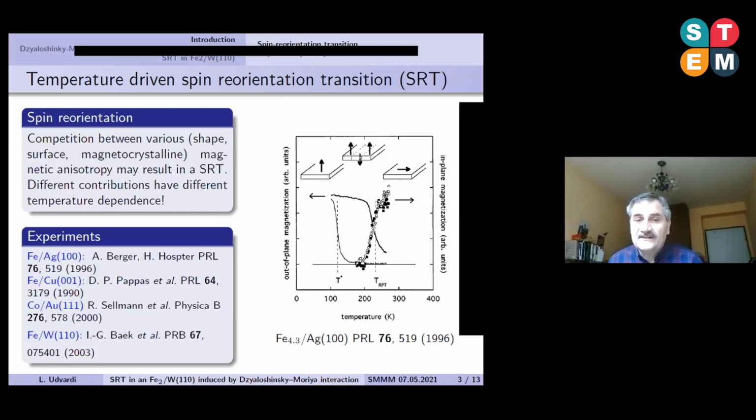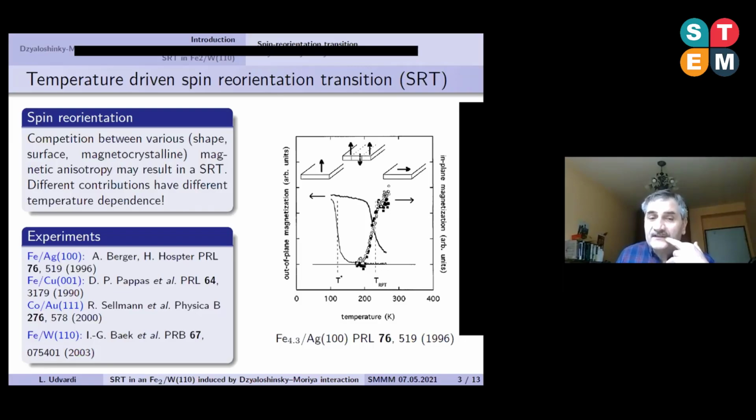One well-known example is the iron layers on a gold 001 surface. The gold has an FCC structure, the iron has a BCC structure, but it can grow epitaxially on the 001 surface of the gold.